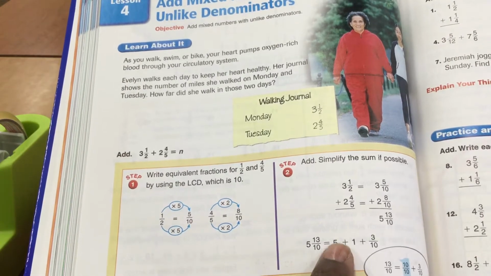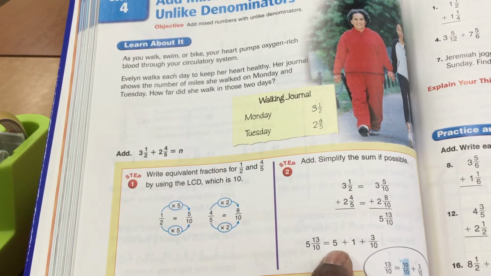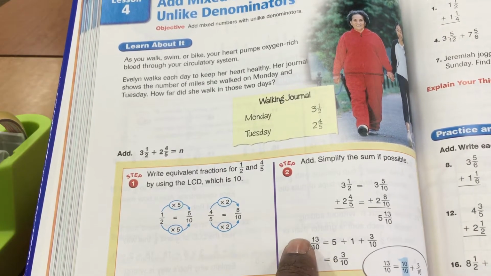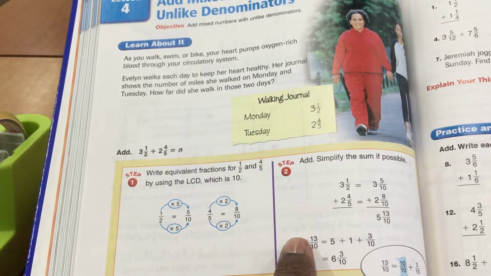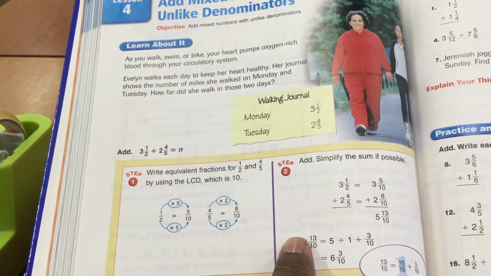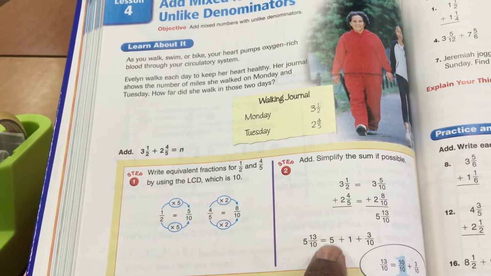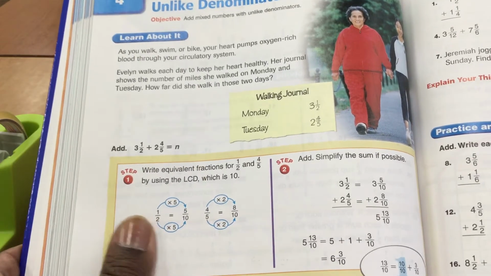So you're going to take the whole number, which is 5, and you're going to add 1 to it because we have to change 13/10 to a different mixed number, right? 13/10 is going to give us 1 3/10. So 5 plus 1, that gives us 6 as the new whole number, right?